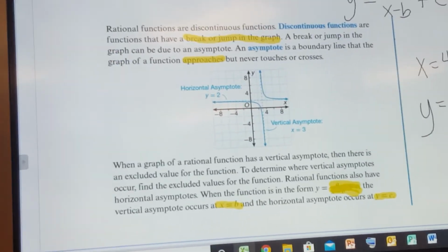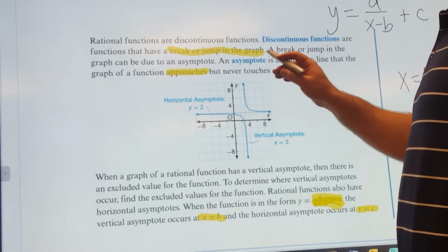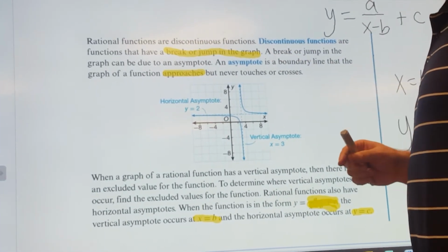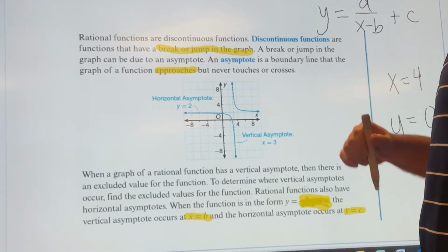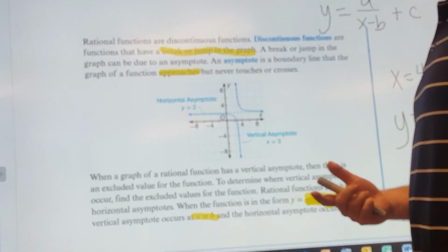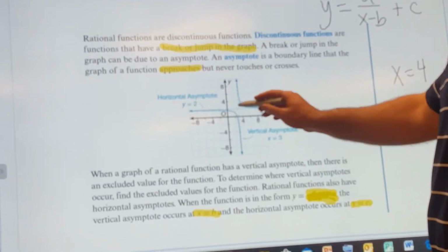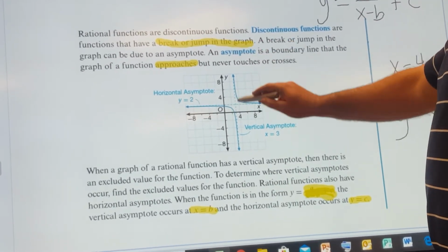All right. In this graph it shows that when we have excluded values, the function's undefined. And when the function is undefined, it's called an asymptote. An asymptote is a boundary line that the graph of the function approaches but never touches or crosses. You see here, we would have an excluded value at x equals 3.